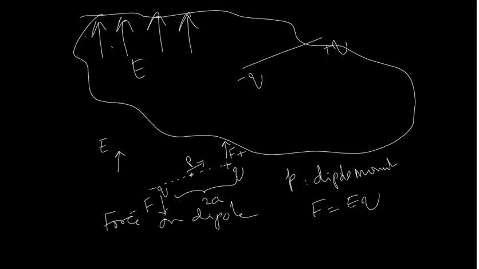The torque generated is equal to one QE and another QE. That means the torque generated is EQ multiplied by 2a sine theta.